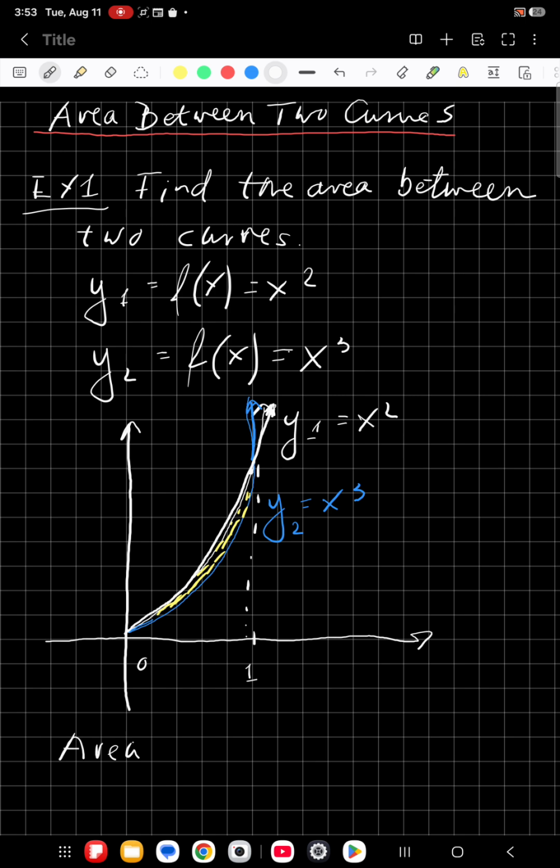I'm thinking how to draw it so that you can see it. Maybe I'll make another picture, a better one.